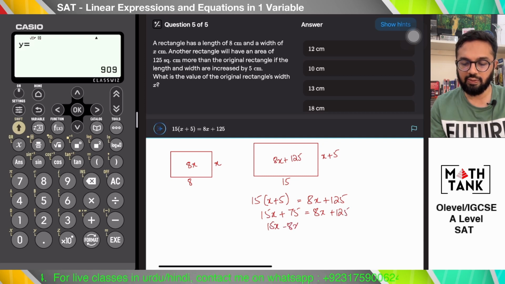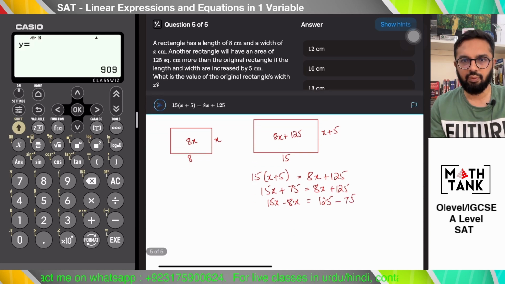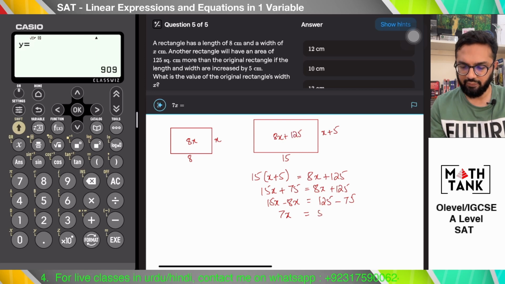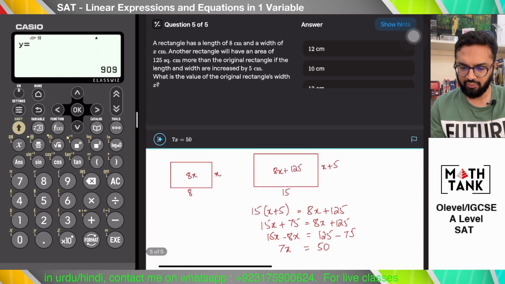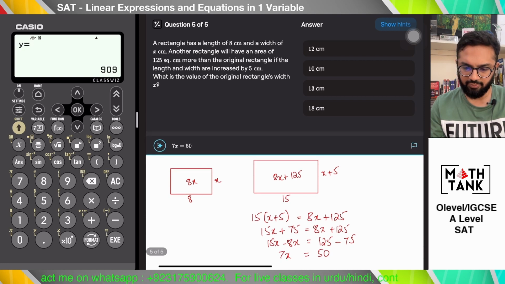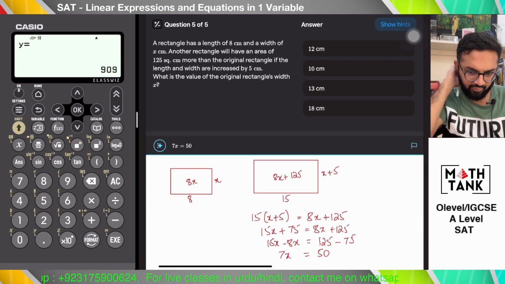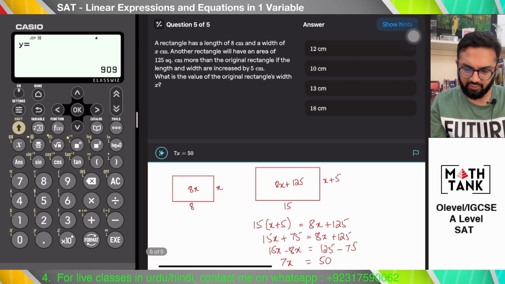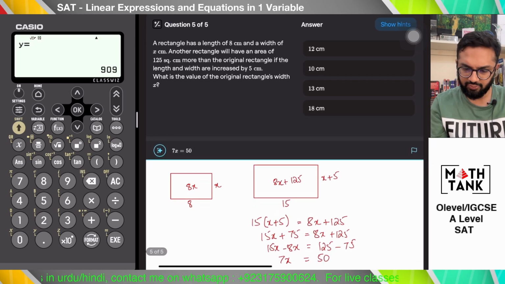15x minus 8x equals 125 minus 75. 7x equals, I have 50. Let's check if I'm getting the correct answer. What is the original value of the width? Okay, my bad.